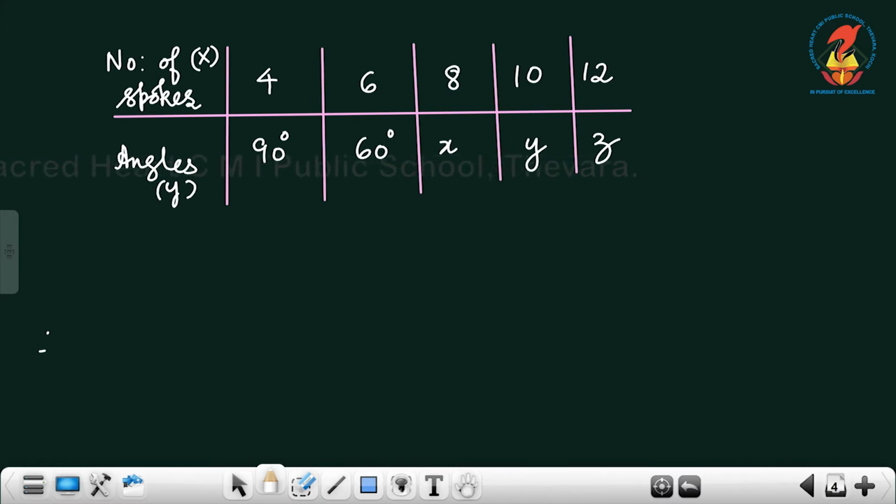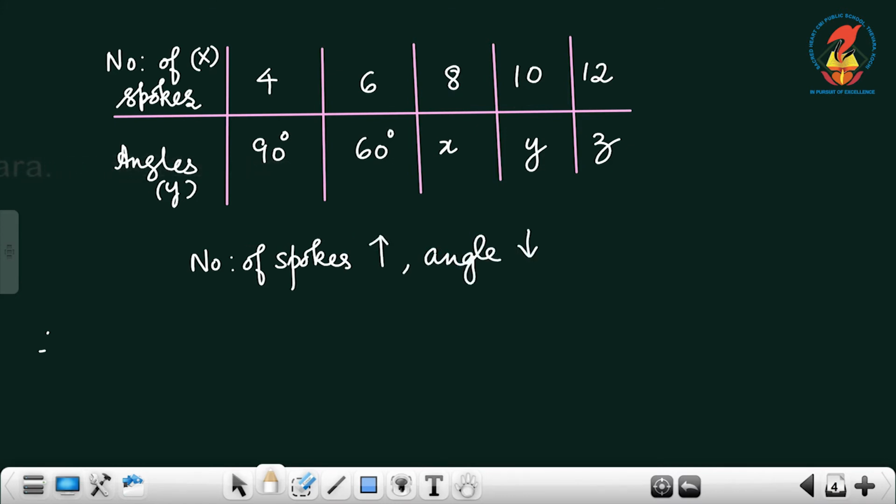As the number of spokes increases, the angle between them decreases. So therefore, it is an inverse proportion.